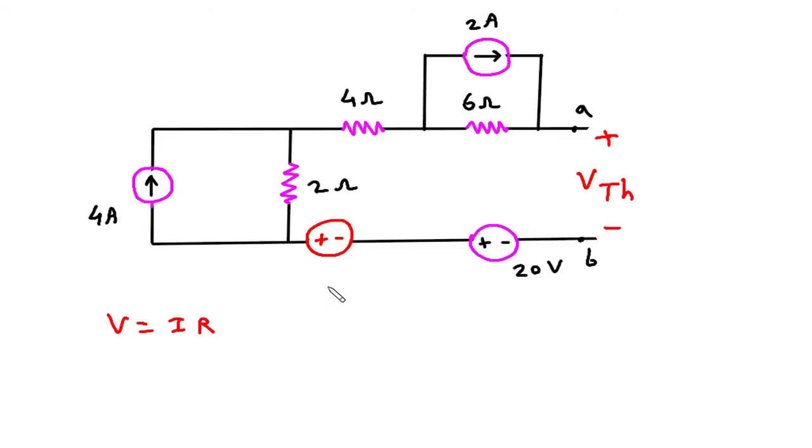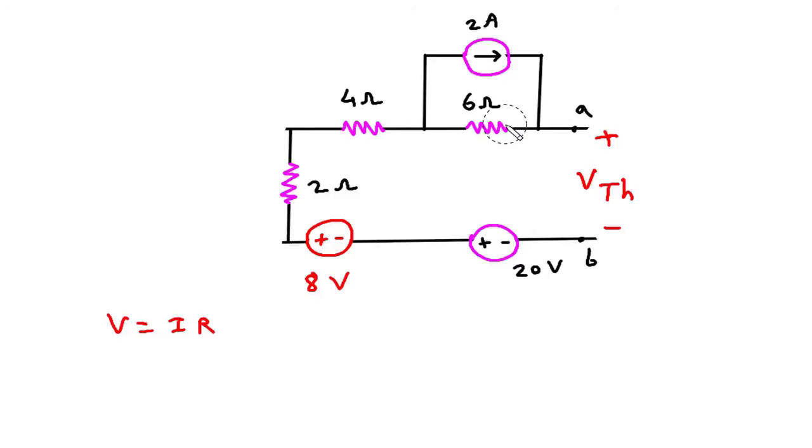So 4 into 2 is 8 volt. Next, we will convert this current source into its equivalent voltage source. So here this will be a voltage source. This will be positive and this will be negative. Again 2 into 6 is 12 volt.